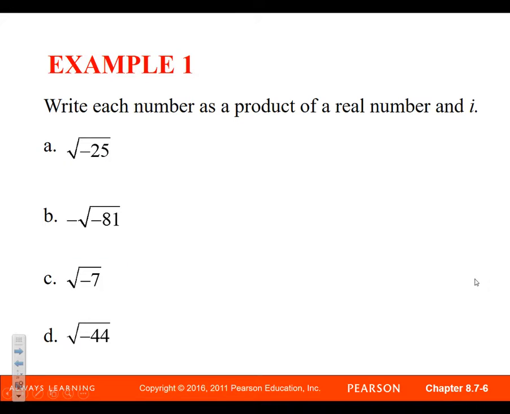Okay, so take a crack at those. Using that rule, see what you can do with those 4 examples. Shouldn't take too long. Try to simplify those with that same rule.